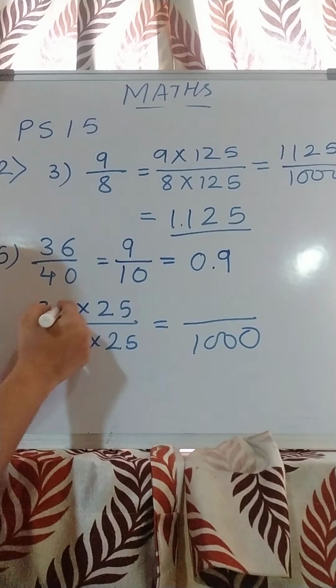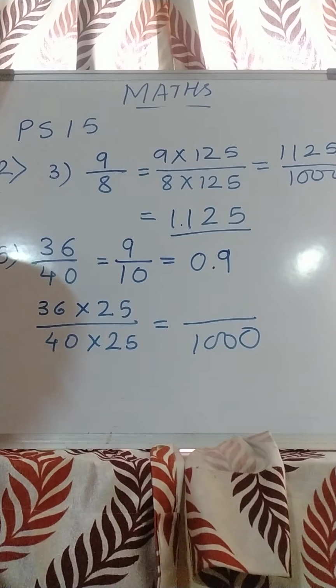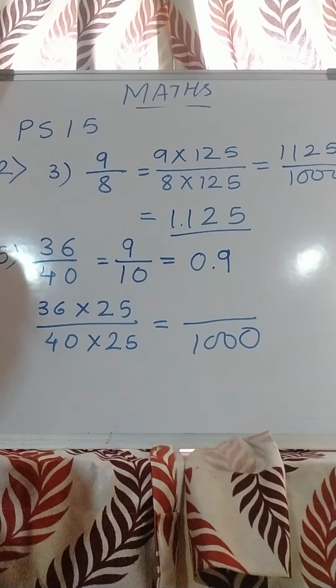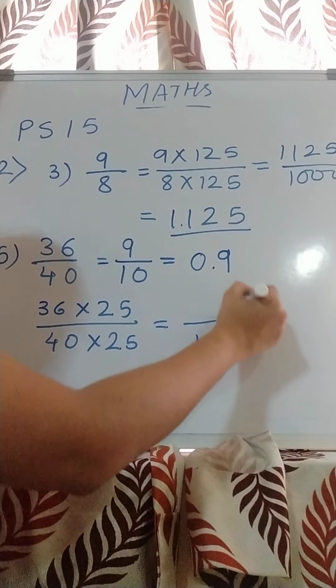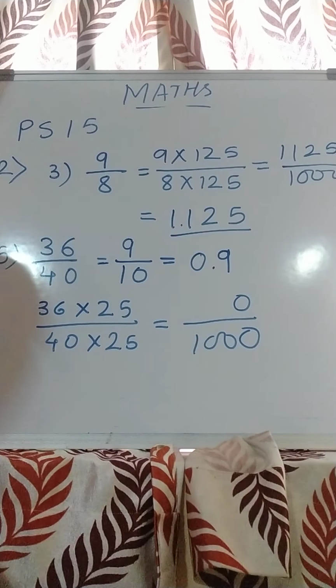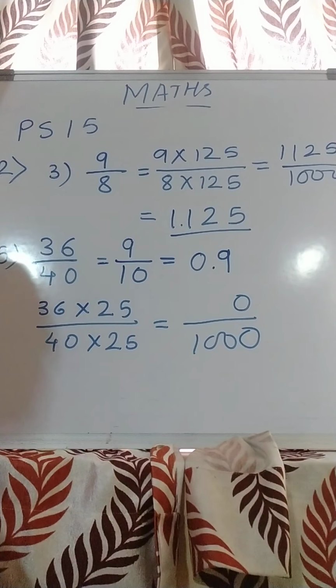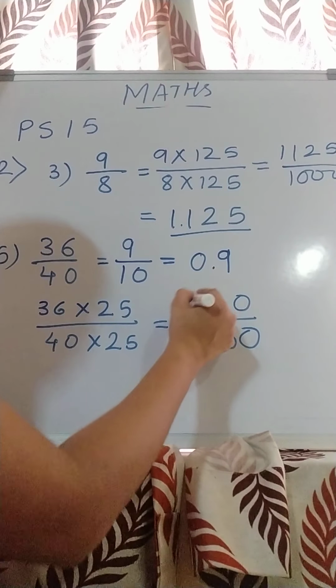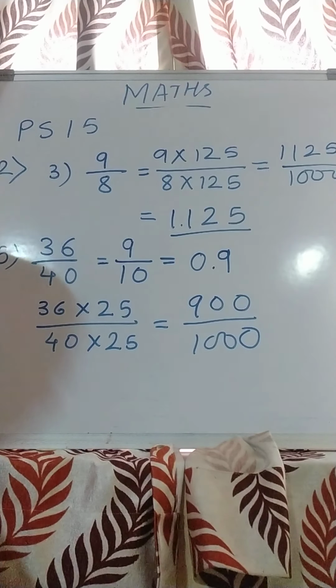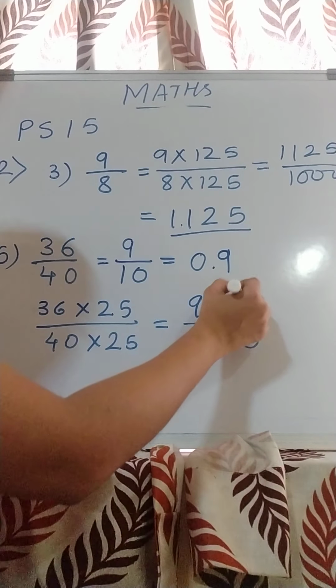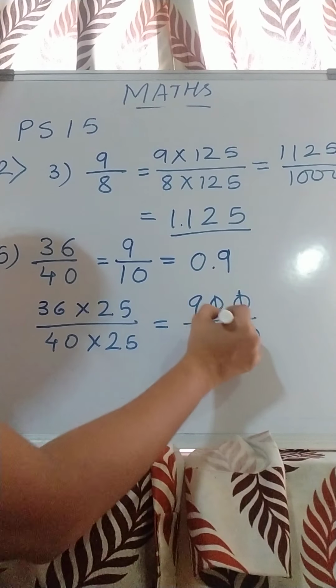25 multiplied by 6. 25 6s are 150. Carry over 15. 25 3s are 75. 75 plus 15 is 90. So your answer is 900. Here you can cut out these zeros.